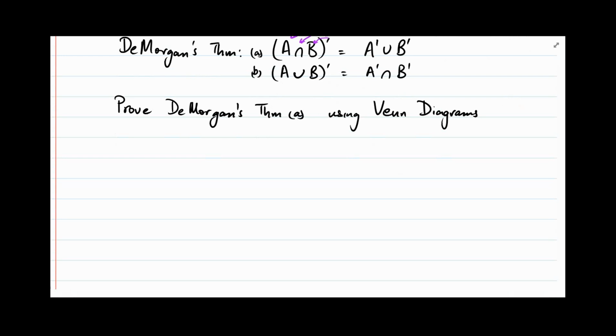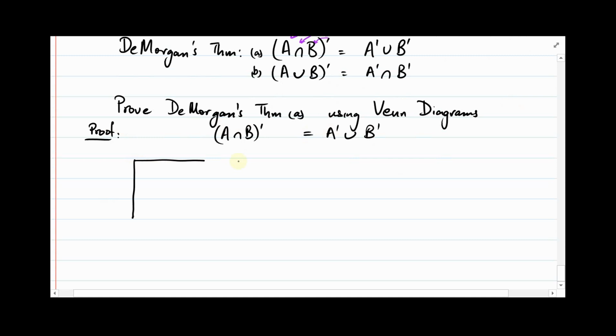Okay. All right. So what I'm going to do is look at the left-hand side. So proof: we want to look at A intersecting B and its complement. Is this equal to A complement union B complement?